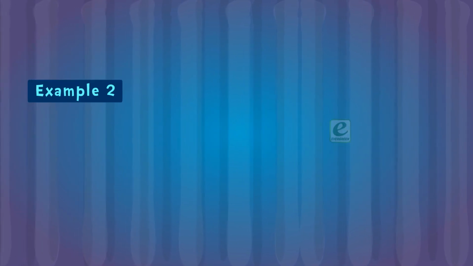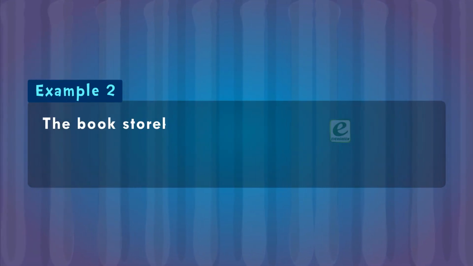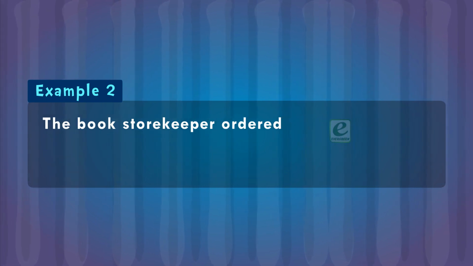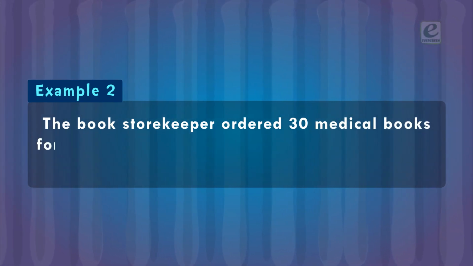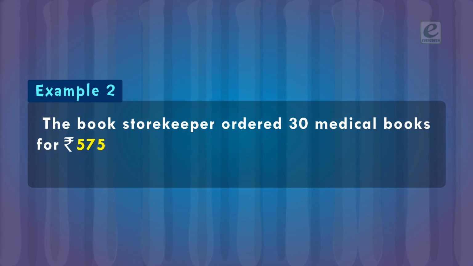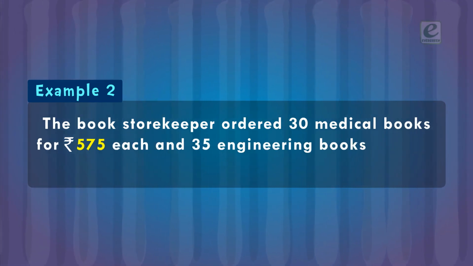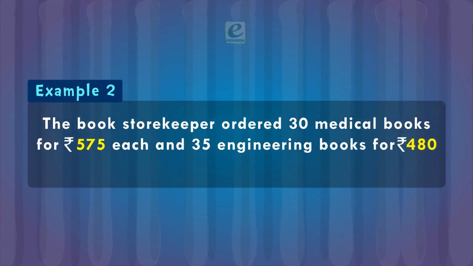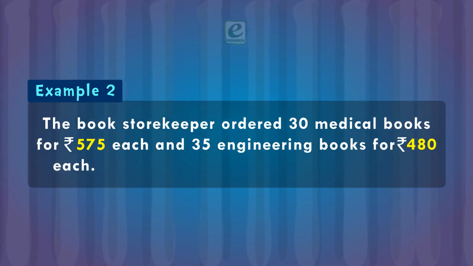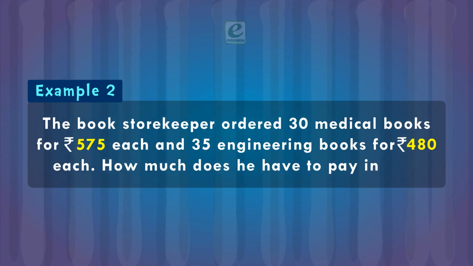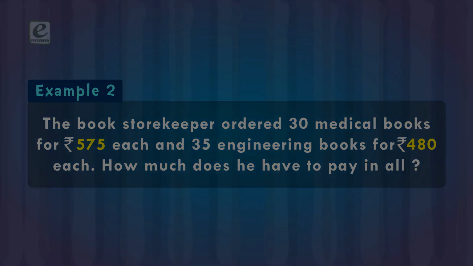Let us observe another example. The bookstore keeper ordered 30 medical books for rupees 575 each and 35 engineering books for rupees 480 each. How much does he have to pay in all?